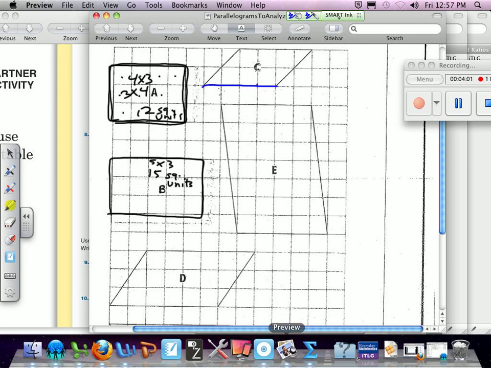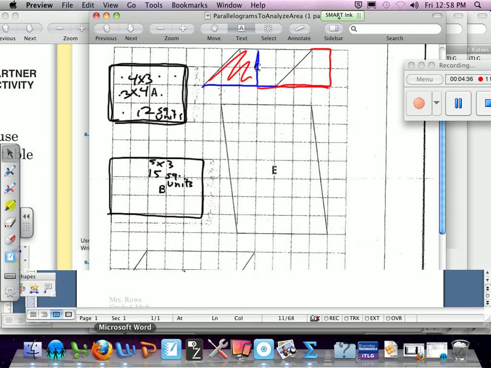And I have the base goes across, and then the height goes up. And those are the 2 dimensions that I have to multiply. The reason is, if I cut this off here, I could translate it over here. 1, 2, 3 units across like this, and then it goes up, and then it goes like that. And what it does is it forms a rectangle. And that rectangle is the length of the base times the height that we just saw that they told us inside, or that we counted up with the diagram.